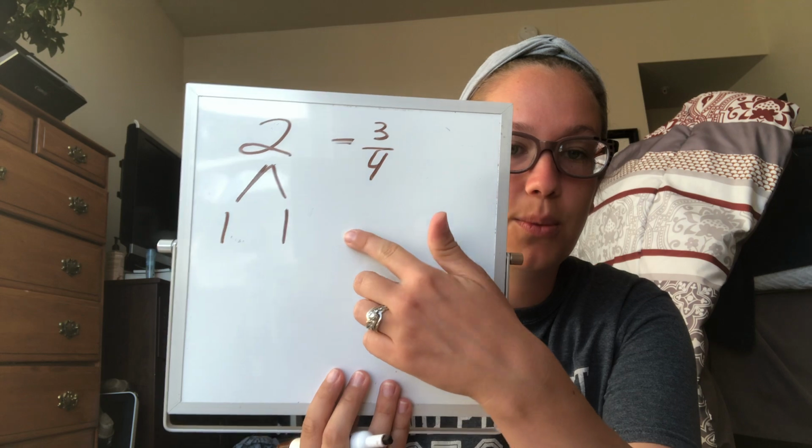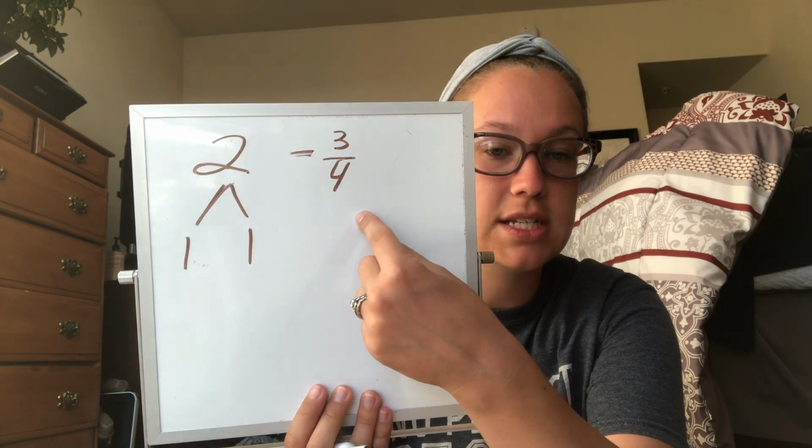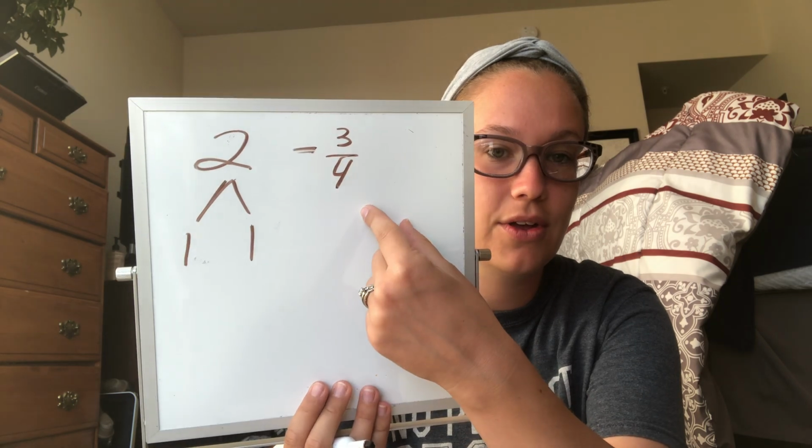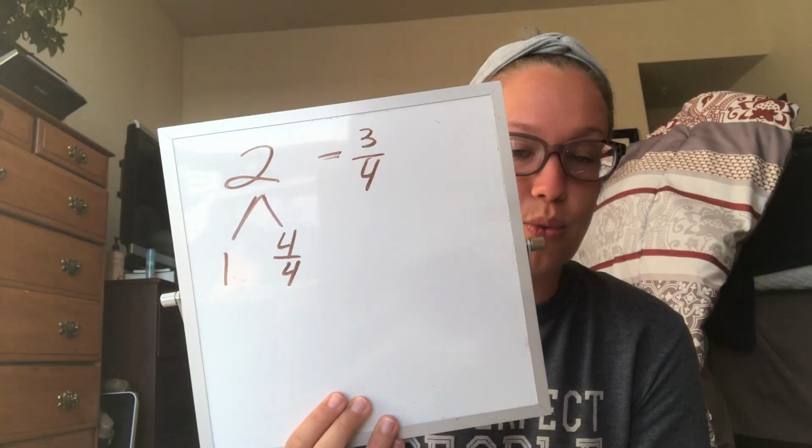So here we have 2, and we split it up to 1 and 1. We're going to change one of our 1s to be 4/4, to have the same denominator as what we're subtracting. So we're going to change this one to 4/4, which is equal to 1.